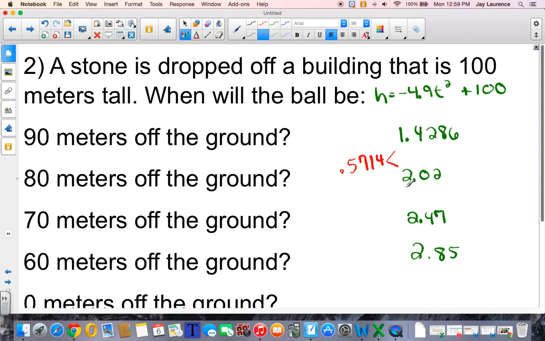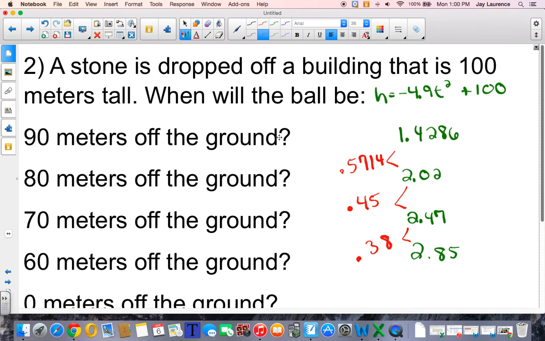I just subtracted. And this difference is going to be 45 hundredths. And this difference is only going to be 38, right? Hundredths. Notice how the differences in the time are getting smaller. So in other words, it's traveling 10 meters farther in a shorter amount of time.